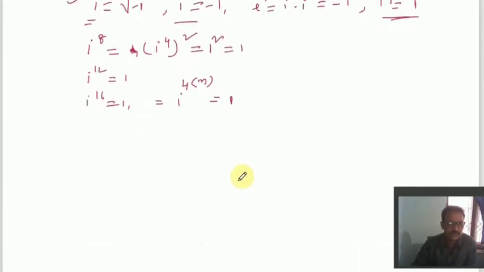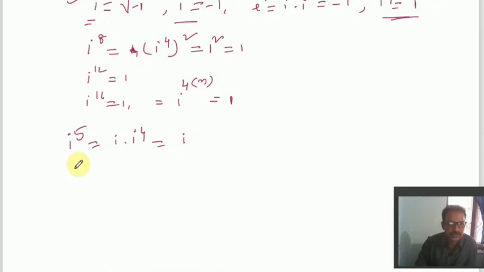And also, i power 5 can be written as i into i power 4. i power 4 is already 1, so 1 into i is equal to i.